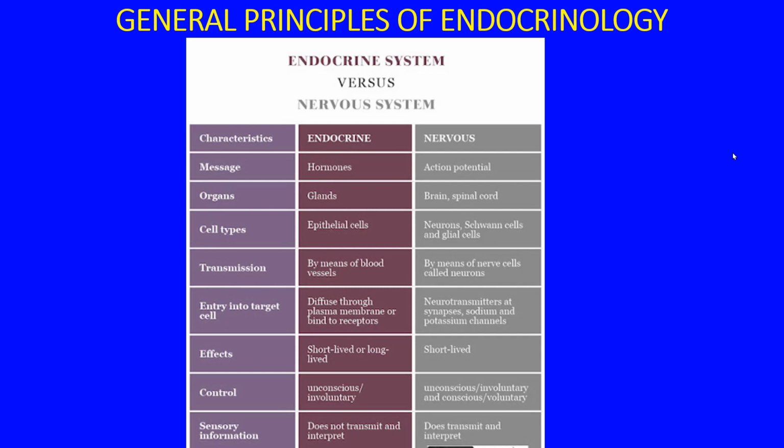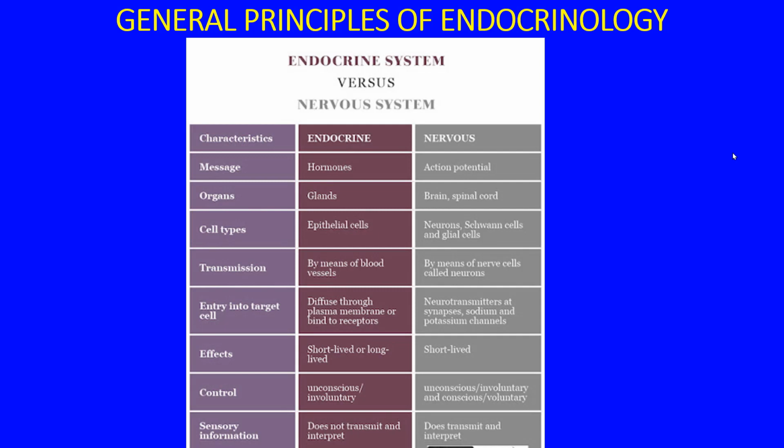Okay? Now, the transmission of the nervous system signals is usually by means of nerve cells called neurons. And usually you have entry into the target cell via the neurotransmitters at the synapses. Also, you're going to have openings of sodium and potassium channels.